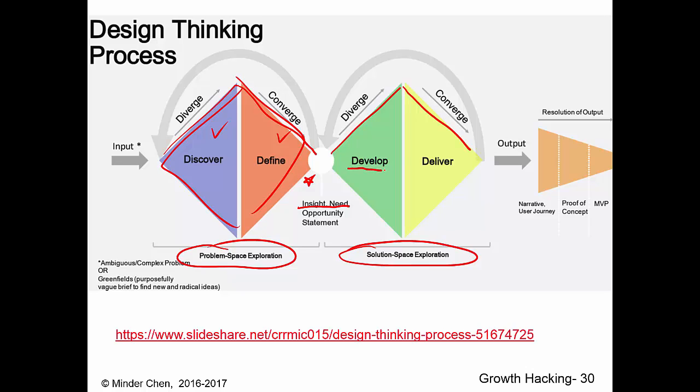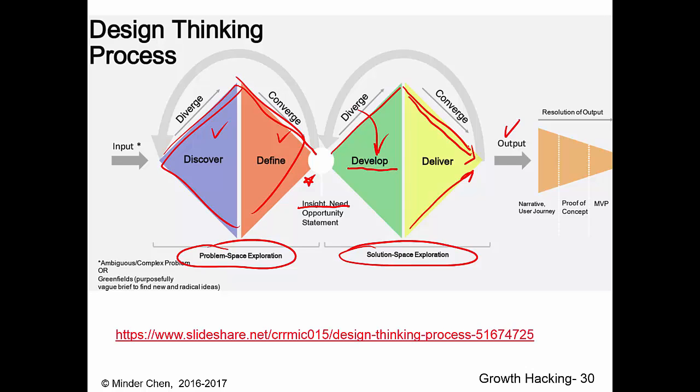And the first step is divergent thinking, which is actually develop various alternatives or prototypes for creating a possible solution. And eventually, in order to deliver the products to solve the problem, you need to converge towards some viable products that you're going to develop at the end.